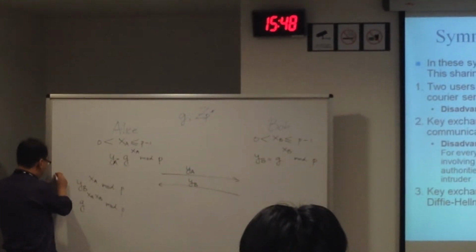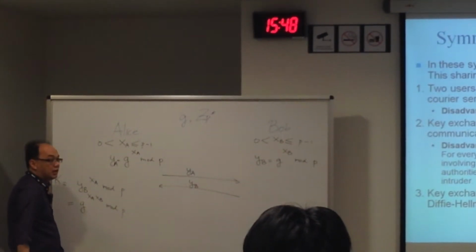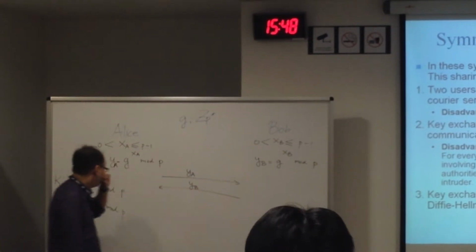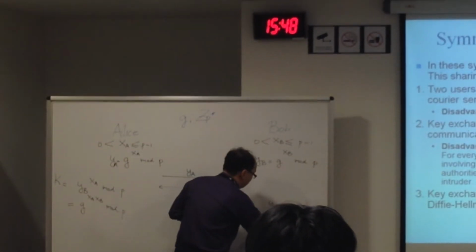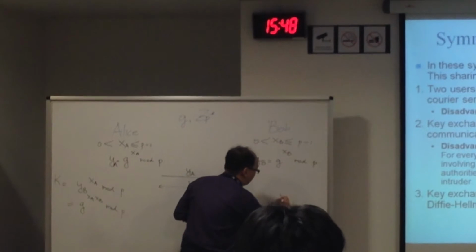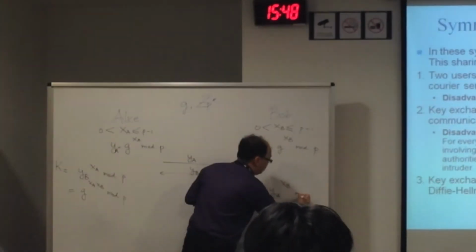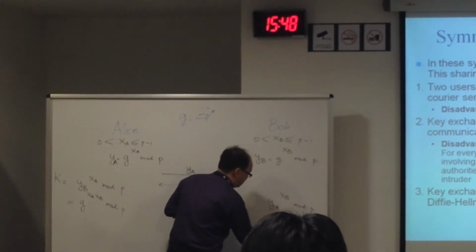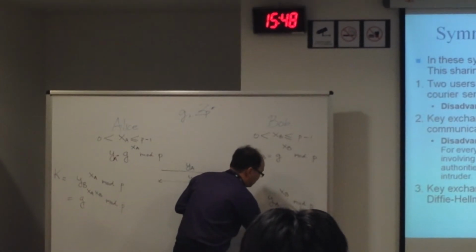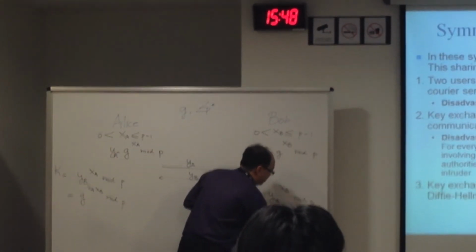This is what I call a key K. On the other hand, Bob can also compute yA to the power of xB modulo p, which is equal to g to the xAxB modulo p.